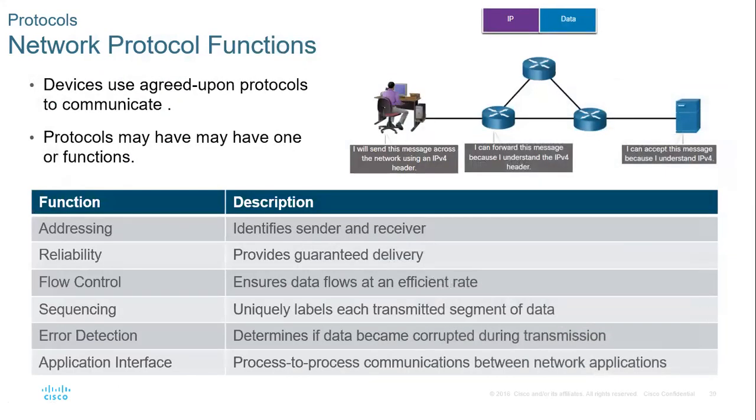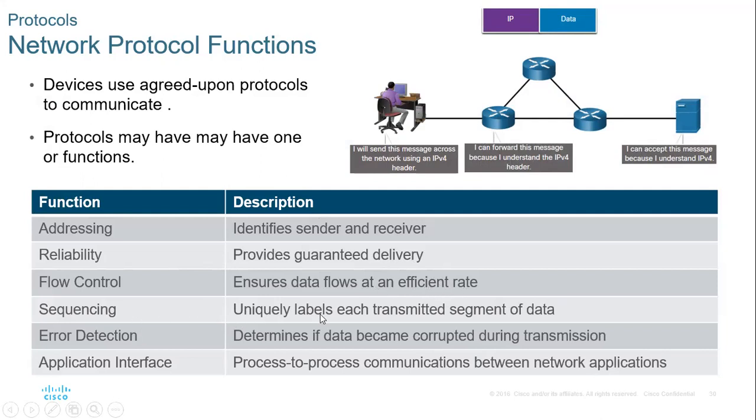Network protocol functions. Devices use an agreed upon protocol to communicate. A protocol may have one or more functions like addressing, to identify sender and receiver. Reliability provides guaranteed delivery. Flow control ensures data flows at an efficient rate.